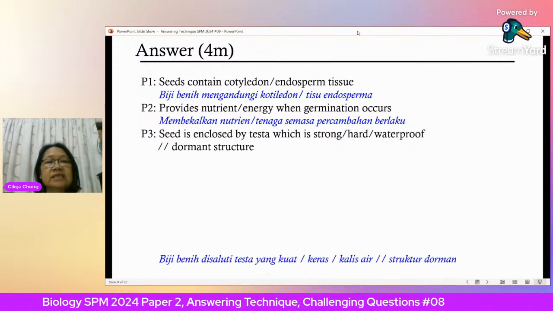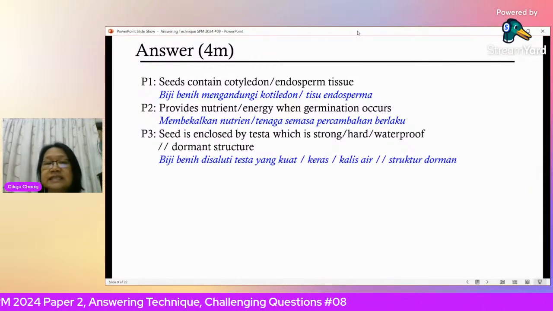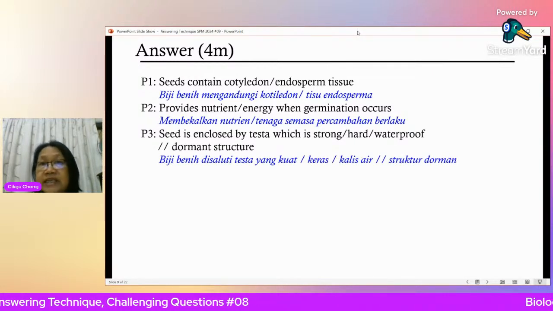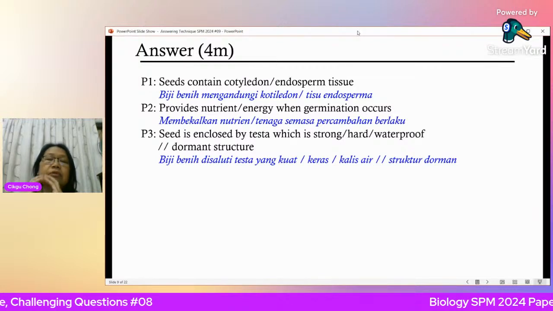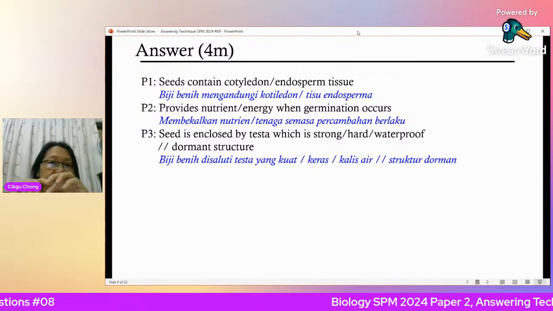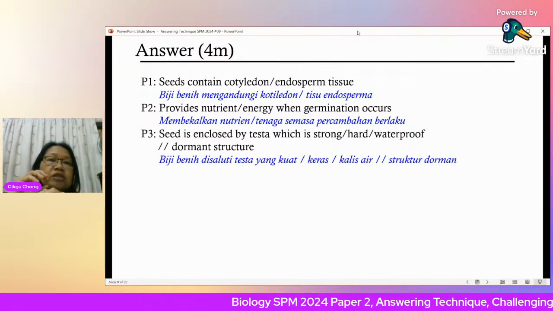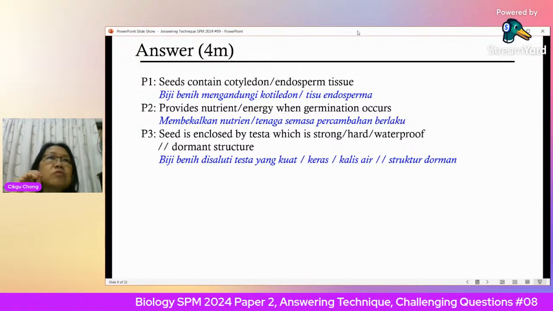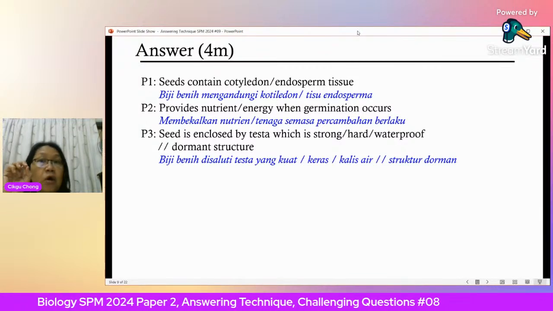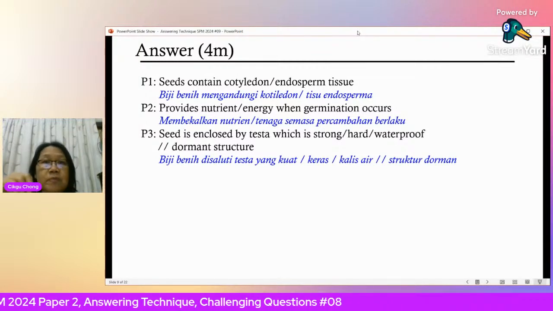Okay, seed is enclosed by testa, so we call it the seed coat, C-O-A-T, coat, seed coat. And the important thing about testa is it is strong. It is so strong that if you were to eat the seed whole, either by accident or purposely, right?